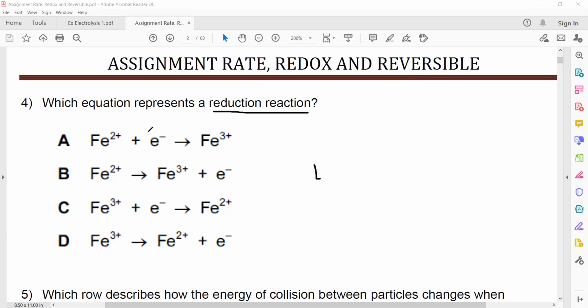It's not A. Why is it not A? Because if iron 2 takes one electron, then it should be iron 1. Because it's 2 positive, it took one electron, so it will become 1 positive. So that's why A is not the right answer. C is the right answer. Iron 3 takes one electron and changes to iron 2.